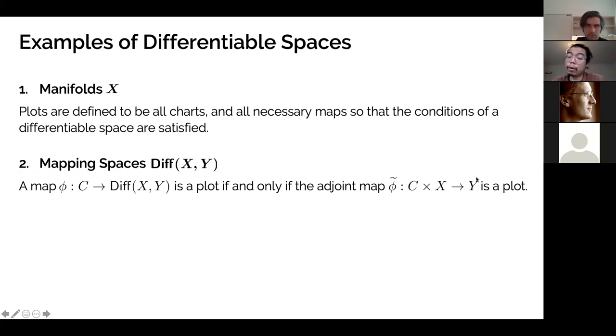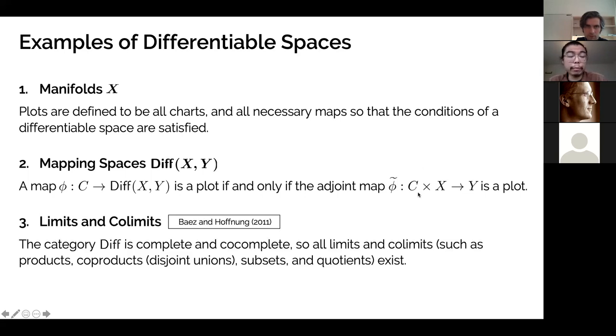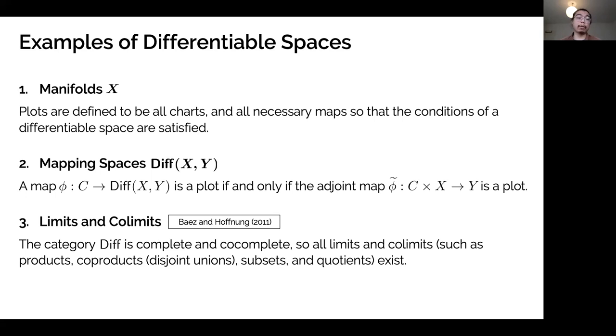Sorry, I should say that this is smooth, since X may not necessarily be a convex subset. And furthermore, we can take limits and colimits in this category of differentiable spaces. This category theoretic perspective is all laid out in a paper by Baez and Hoffnung in 2011.